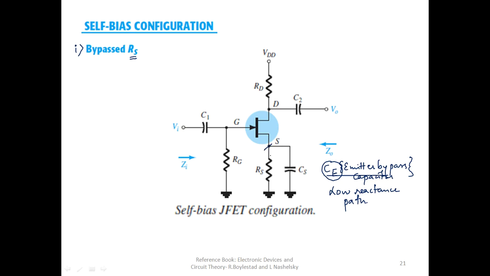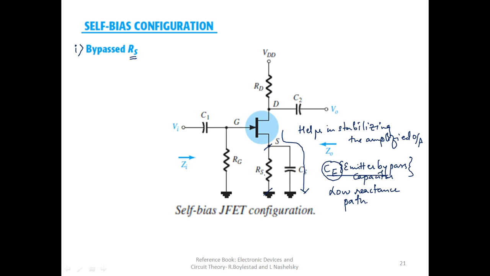It just avoids the drop across RS and provides a very low reactance path across the capacitance CS, which in turn helps in stabilizing the amplified output signal. Because of that we usually use the source bypass capacitor.